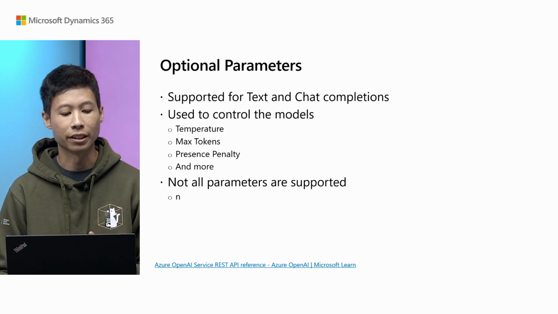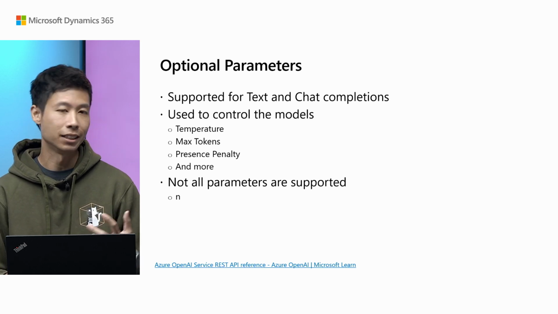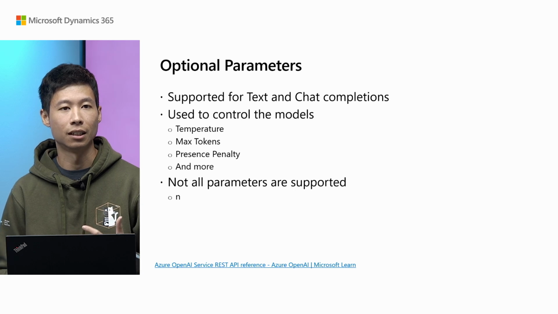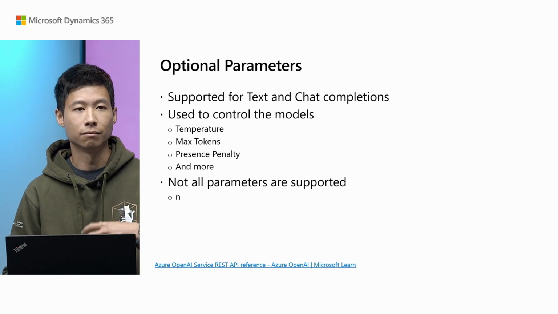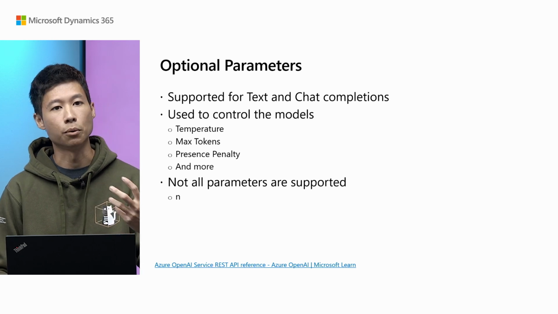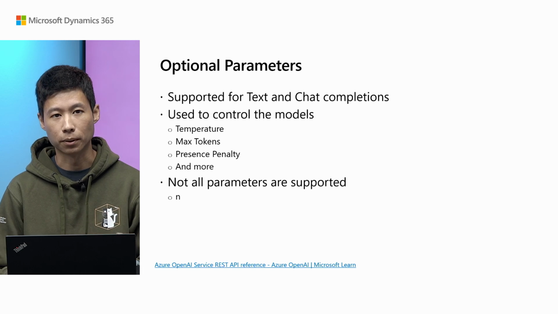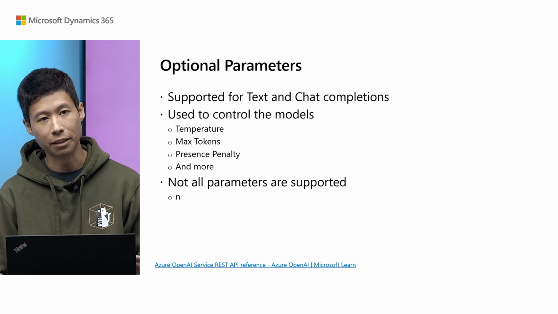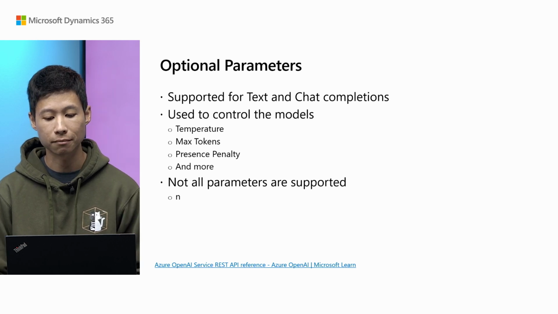However, I also want to mention that not all parameters are supported. For example, n. And n is basically the number of generations that the model should return. If it's selected, say n equals 3, instead of returning 1 response, it will return 3 responses at the same time and let you select one. However, this is not supported.